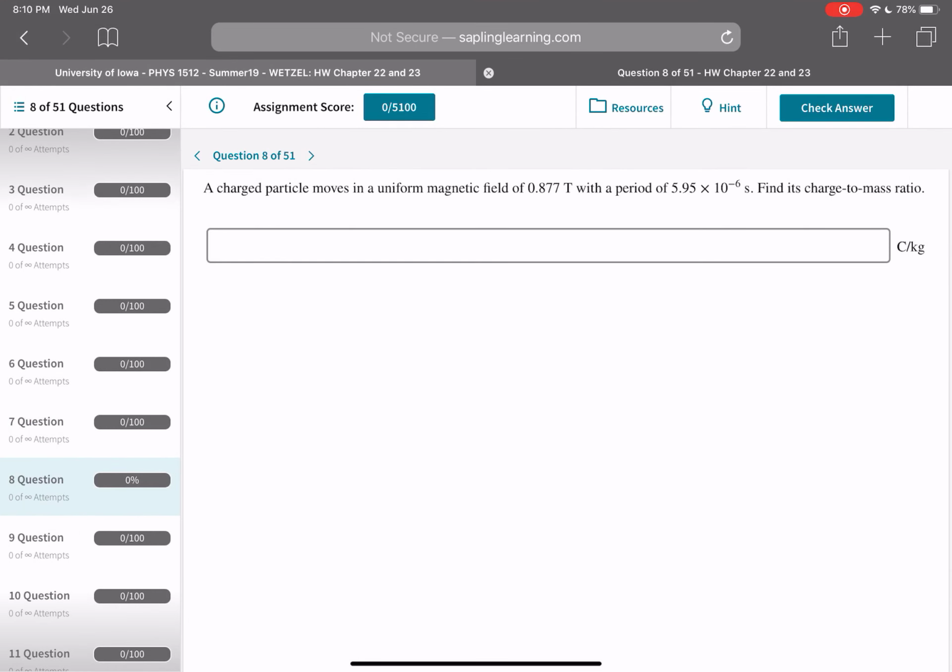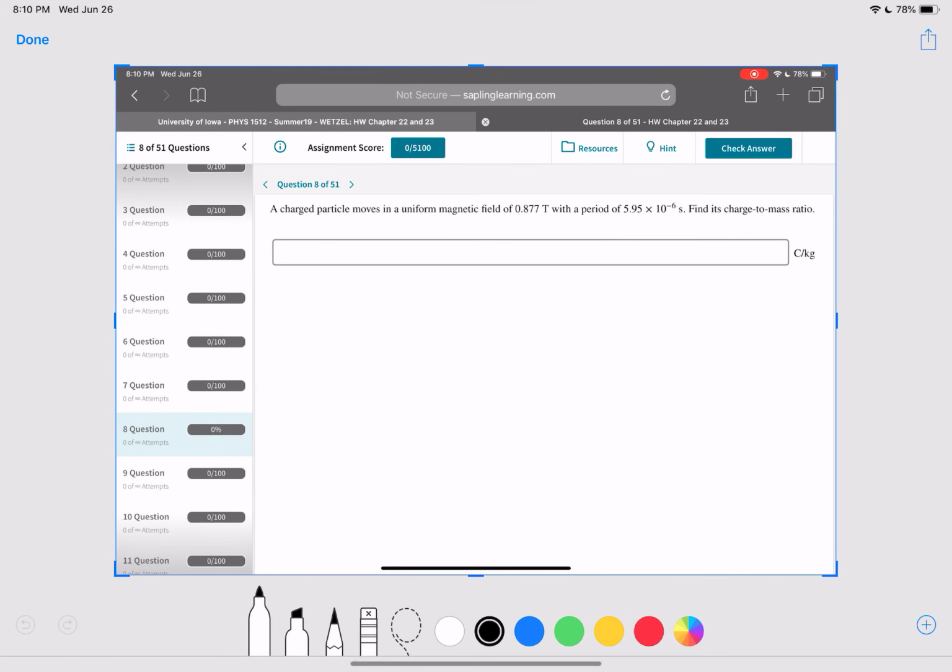Okay, a charged particle moves in a uniform magnetic field of some Tesla with a period of this. Find its charge to mass ratio. So you're going to use mv squared over r and then qvB, get those balanced and solve for q over m, and that's the charge to mass ratio, because that's the charge, that's the mass.